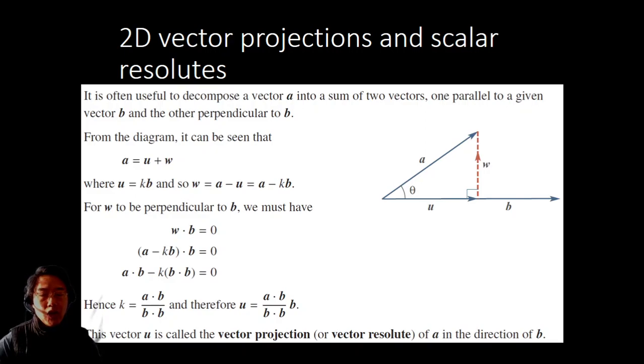Those vectors i and j are unit vectors, and that vector is also a projection in the direction of i and j. So we can do that for any random or chosen vectors.